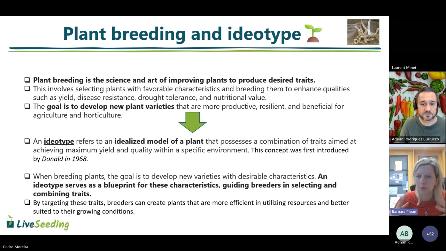So it's very important that, in consideration with the ideotype, what the growers, the farmers, and the consumers want is strongly associated with the breeding objective. As Pedro already mentioned in his presentation before, it's very important that we have them clearly stated at the beginning and follow them along the whole breeding process. So next slide, please, Pedro.